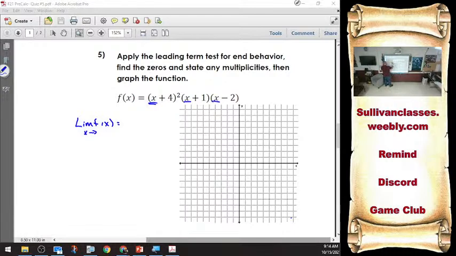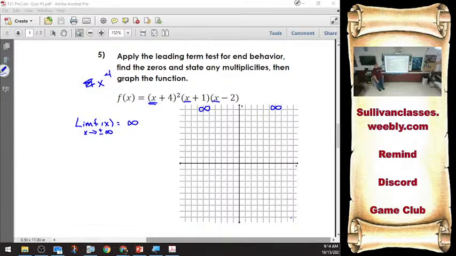So I'm going to have a positive 1x to the fourth. So it's a positive even. So just like the last one, as I go to both positive and negative infinity, this is going to infinity. So we know we're going to be up here. I just don't know what else happens in between.